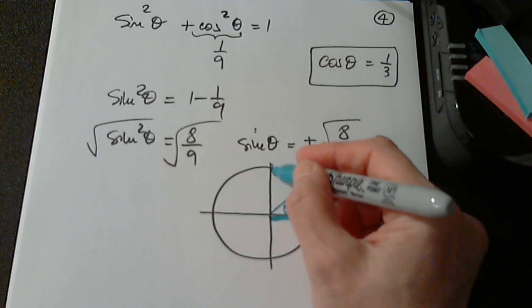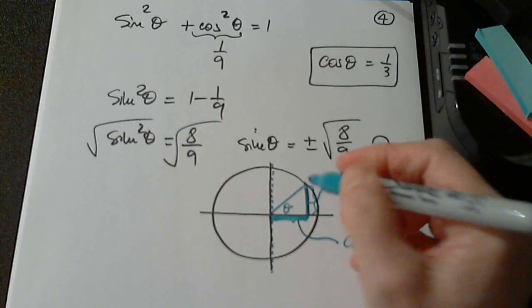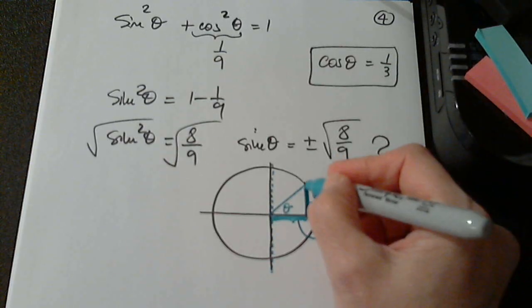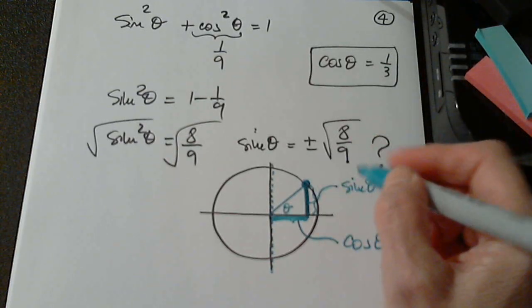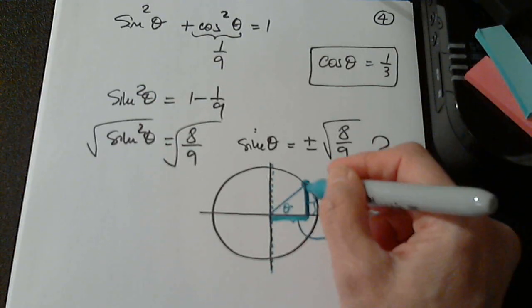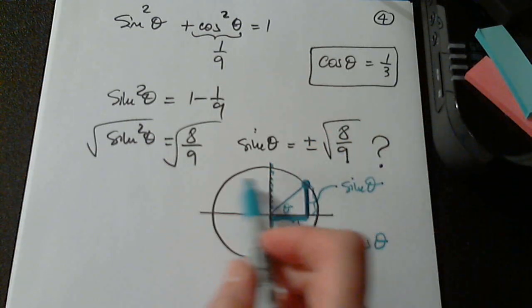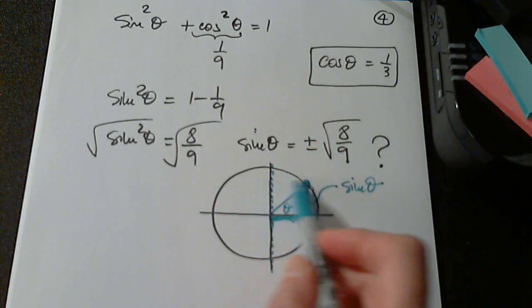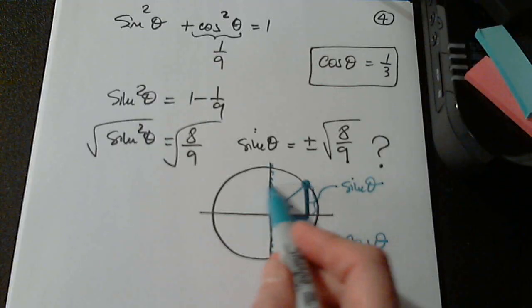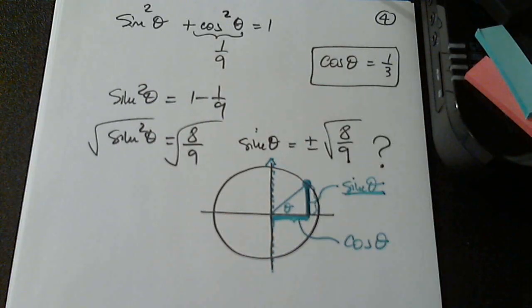Sine theta, as you see, is measured on the y-axis. It's a y value of this point. So sine is a vertical piece, the vertical leg. Well, the vertical leg is measured here. This is the height. So this sine theta is always measured on the y-axis.